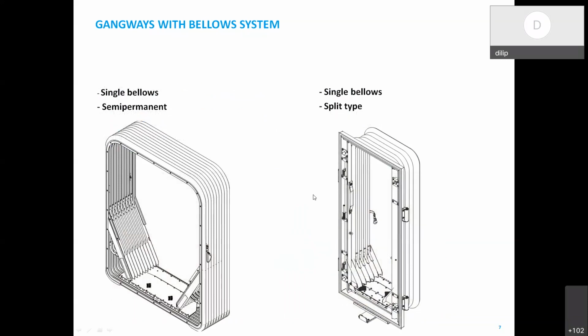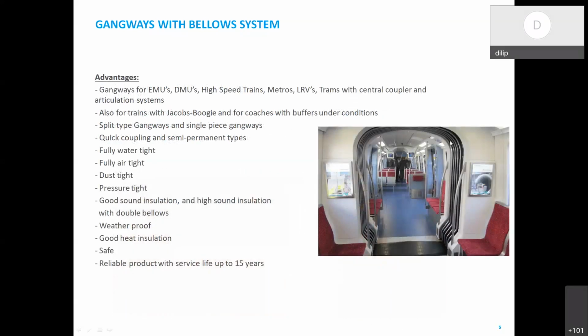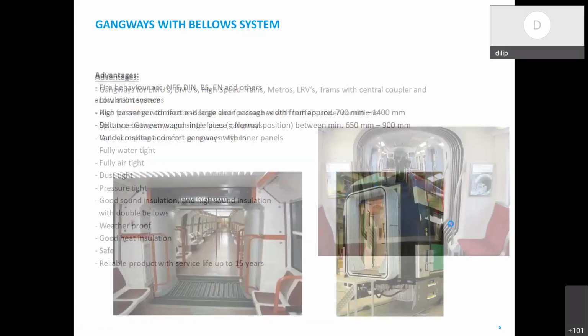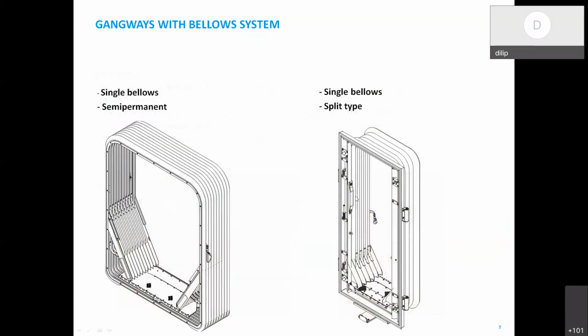Here, whatever image I showed, now I am just trying to show the graphical representation. In this arrangement, on the left side, it is a single bellow, which means the bellow is only one layer. And this also is a single bellow. Another thing is it is semi-permanent.